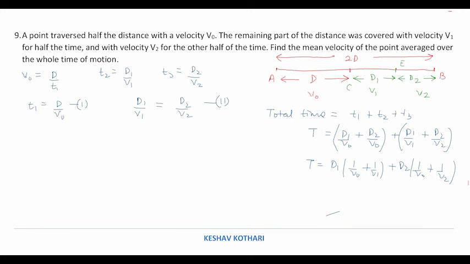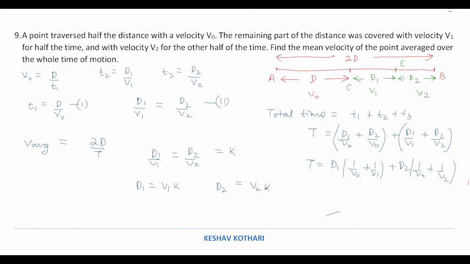Now the average speed can be written as the total distance covered by the total time taken, which we have already evaluated. Now from the second equation, we can write d1 by v1 equals d2 by v2 equals k. So d1 can be written as v1 k and d2 can be written as v2 k.